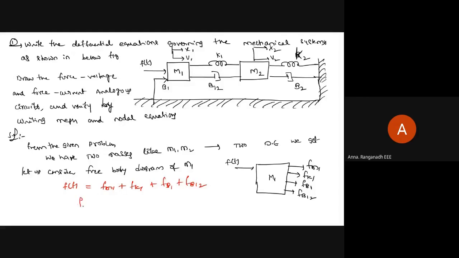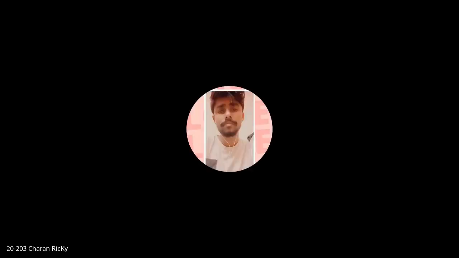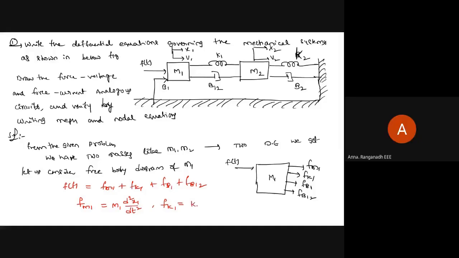What is the formula for Fm1? M1 into d square x1 by dt square. First we write in terms of displacement, then afterwards we'll change it. Next, Fk1. What is Fk1? K1 x1?